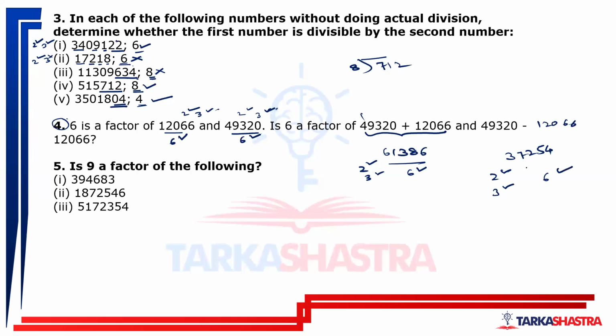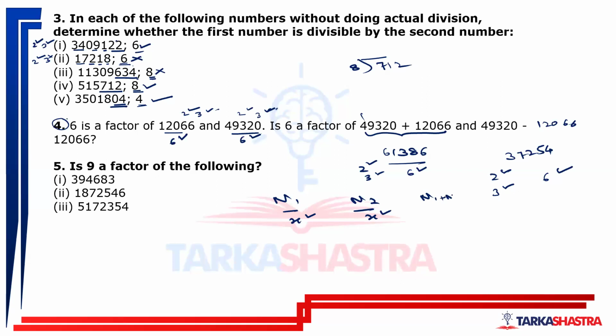Now we have done this activity over here. But hereafter you have to remember that if two numbers are individually divisible by another number, then their sum and difference is also divisible by that number. For example, n1 is divisible by x, n2 is also divisible by x.